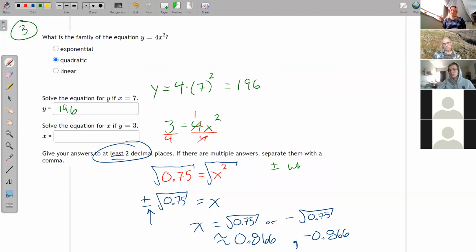Plus minus when we take square root of a square. And the reason we have to do that is because when you square a number to get a result, you lose track of whether it was positive or negative.